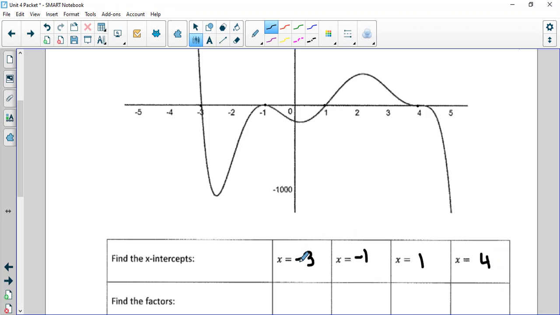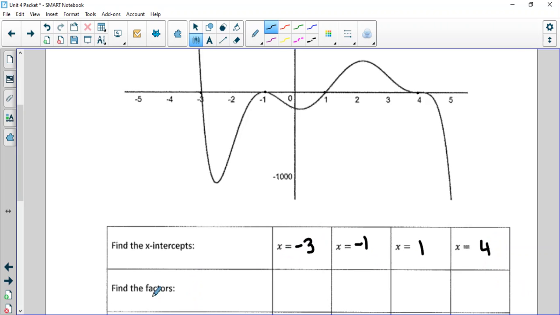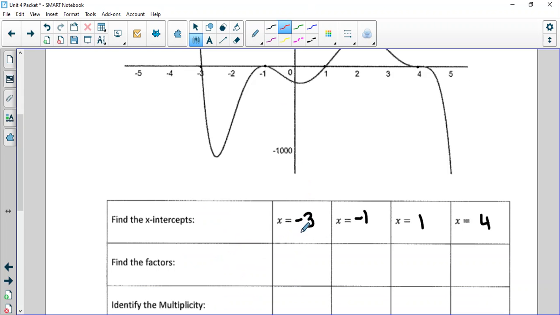Once you have found the x-intercepts, you're going to write the x-intercept as a factor. Whenever we're writing it as a factor, we set it equal to 0. I'm just going to do this first one step by step, and then I'm going to show you the shortcut. Technically, to write it as a factor, we need to set it equal to 0, meaning we move everything on one side to the other.